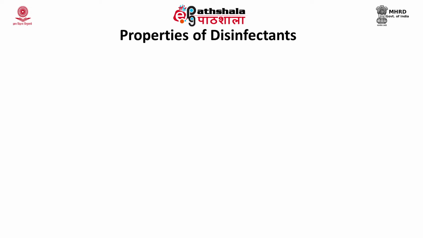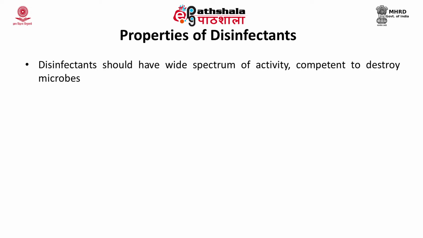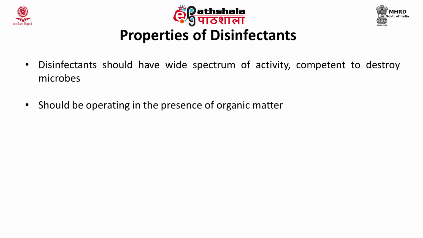What are the properties of disinfectants? These disinfectants should have a wide spectrum of activity. They should be competent to destroy the microorganisms, and should operate in the presence of organic matter, because after the secondary treatment of the wastewater, a little organic matter is still present in the water.